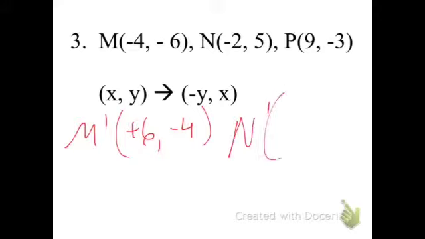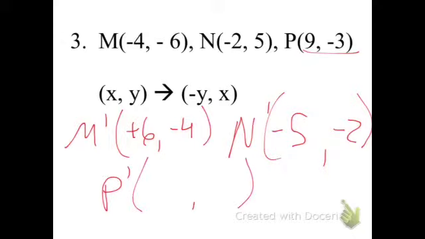N prime comes from N. N is at negative 2, 5. Switch the order, and I need to switch the sign on the first coordinate. So I get negative 5, 2, negative 2. P prime comes from P. P is 9, negative 3. Switch the order, and change the sign on the first one, so it's now positive 3, 9.